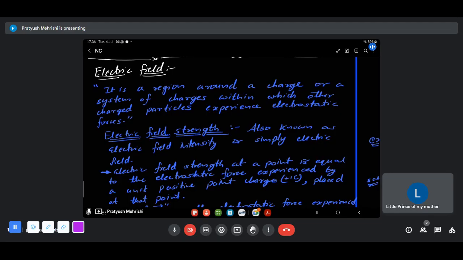Means in a region, in three-dimensional space, if we put 1 coulomb charge at any point, then the force experienced by that 1 coulomb charge is called the electric field at that point, or you can say the electric field strength at that point.